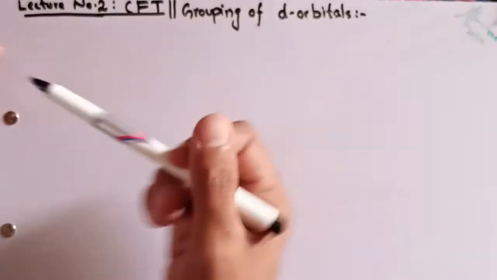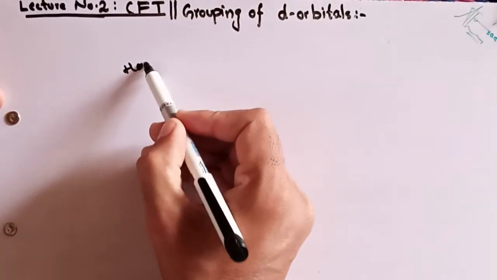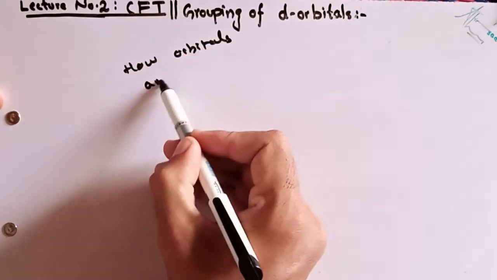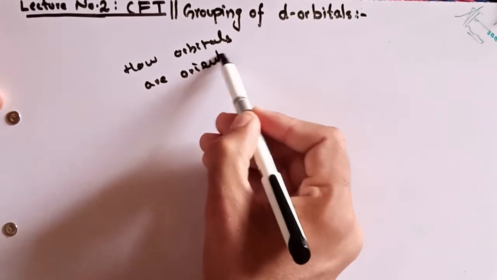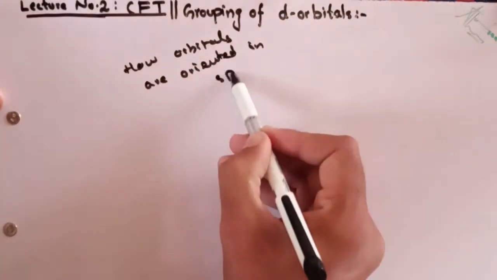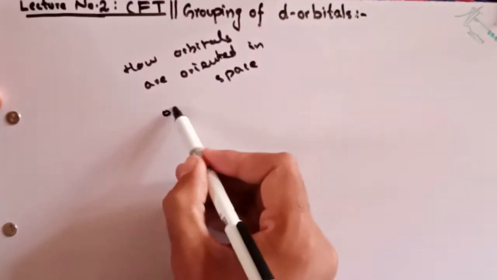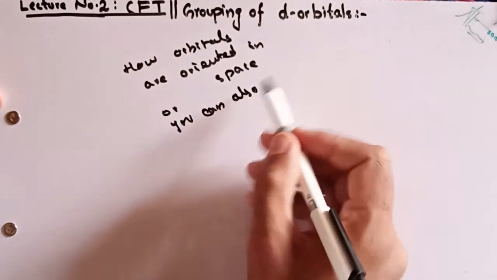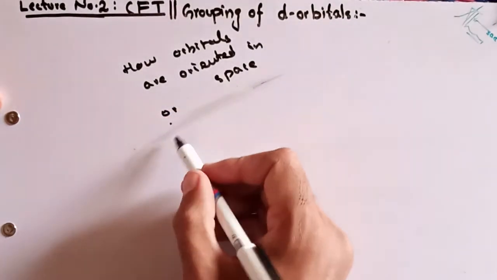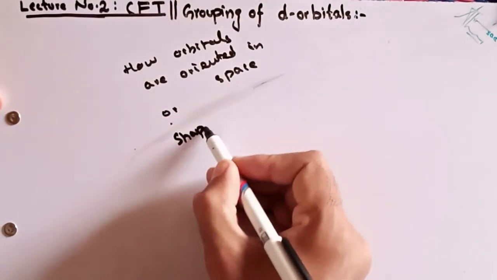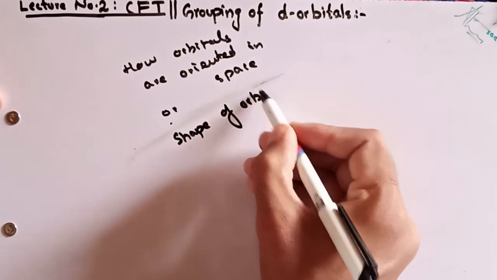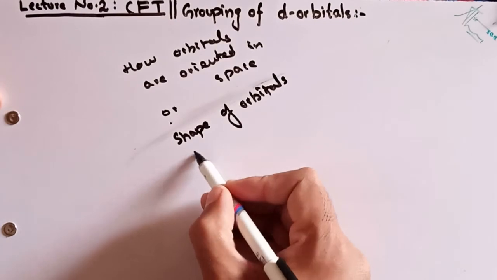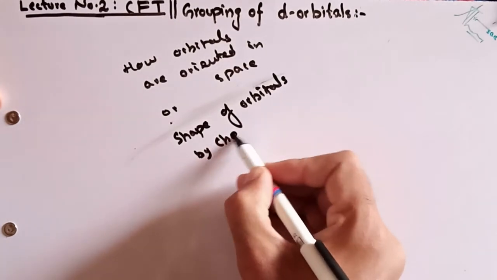You can search on YouTube for how orbitals are oriented in space, or you can also search for shape of orbital by chemistry technique.